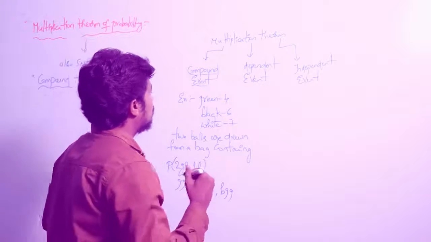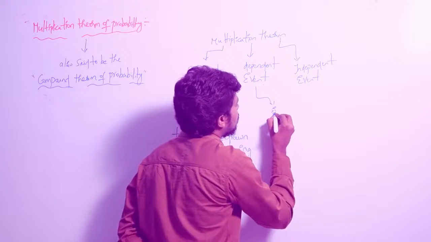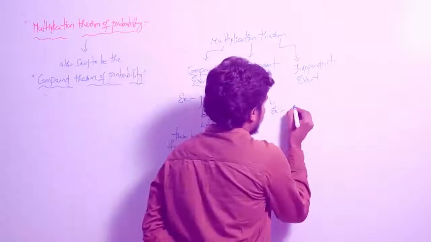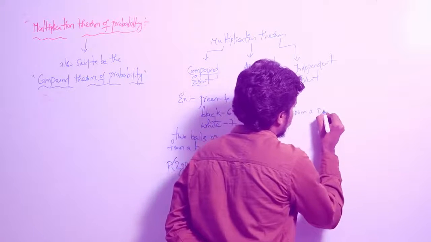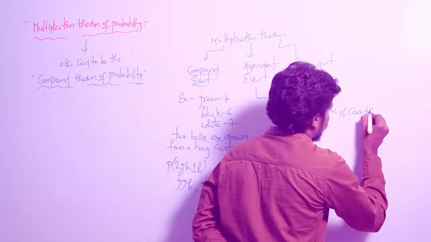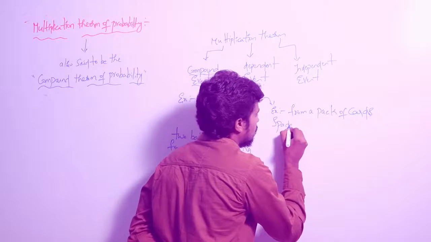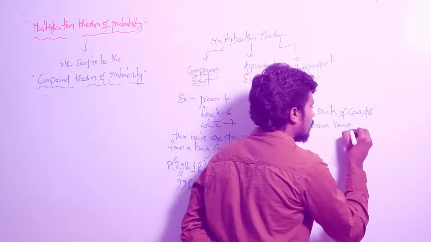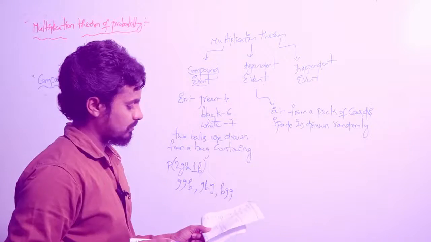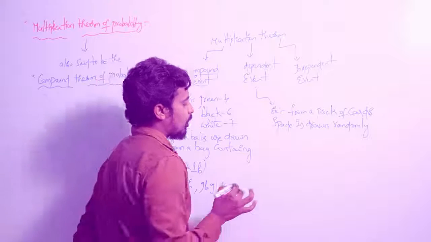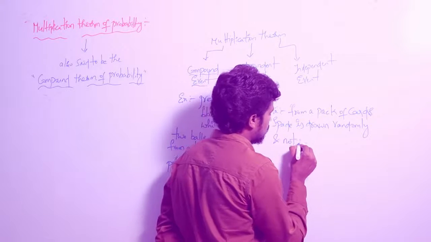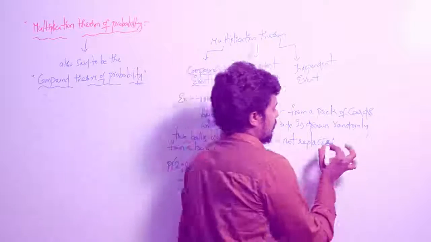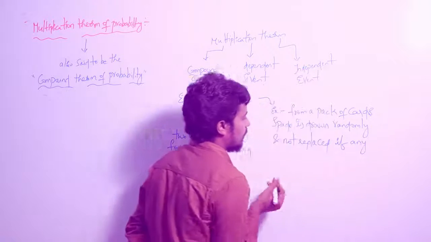Example for this dependent event. From a pack of cards, a spade is drawn randomly and not replaced, and then if again a club card is drawn.